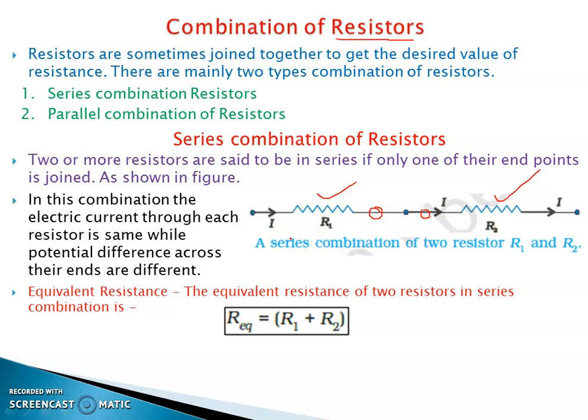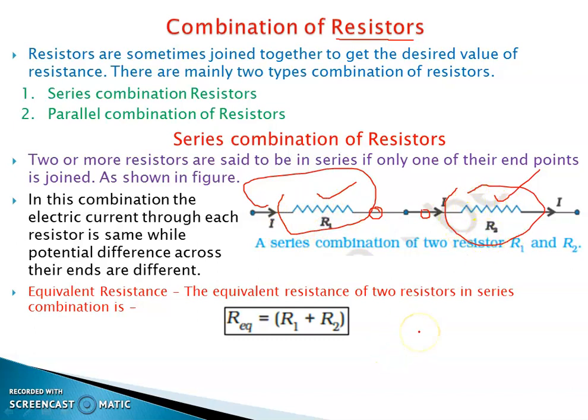For identification of a series combination, each resistor carries the same current, but the potential difference across each resistor may be different if the values of resistances are different, right? Since V equals IR, here the potential difference will be I R1, here I into R2.